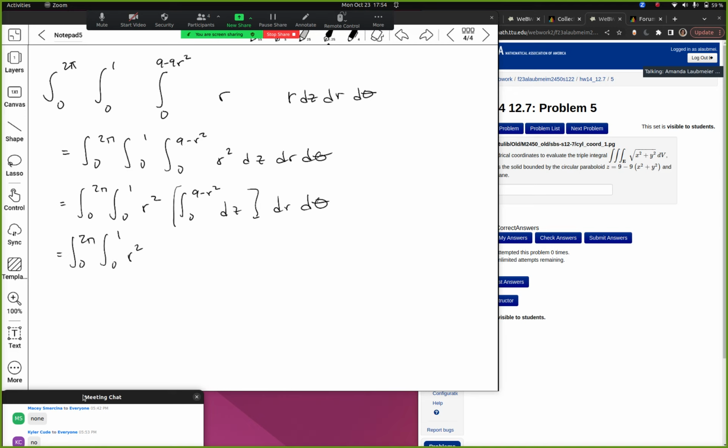So that becomes just z evaluated from 0 to 9 minus r squared, which is just 9 minus r squared minus 0.